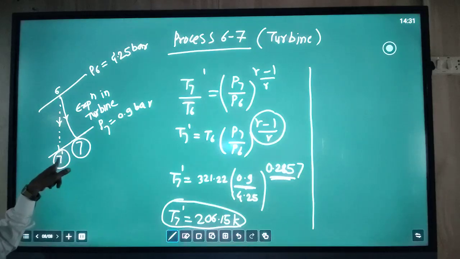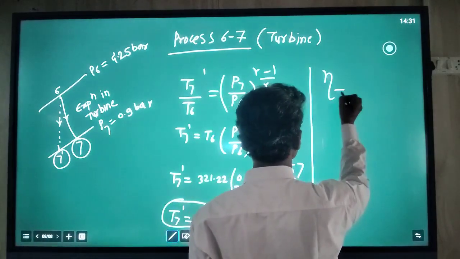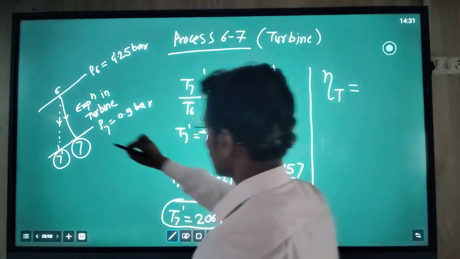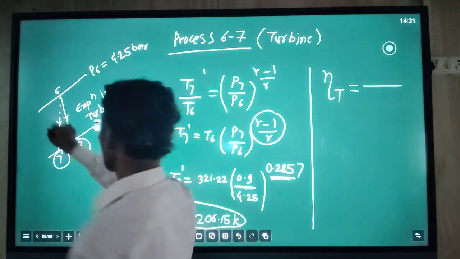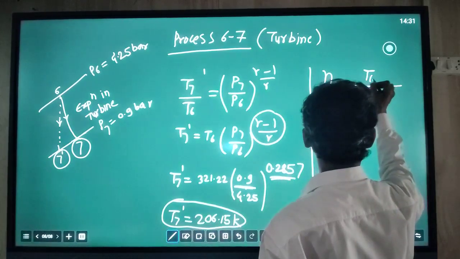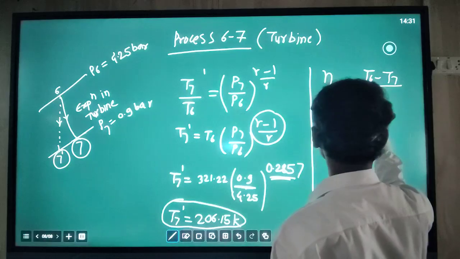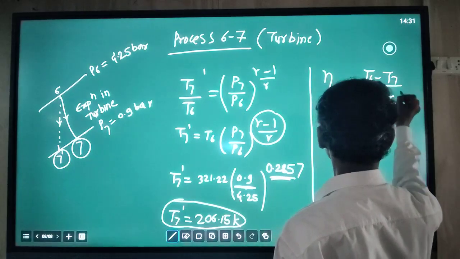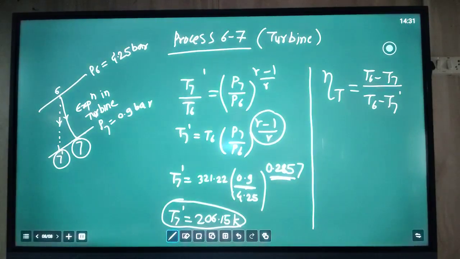Now we put this temperature in the second formula, for the efficiency of the turbine. The efficiency formula is the actual temperature drop of the turbine, T6 minus T7, divided by the ideal temperature drop. This formula we have studied in theory: the small difference divided by the large difference.